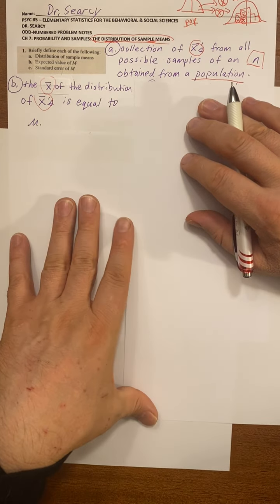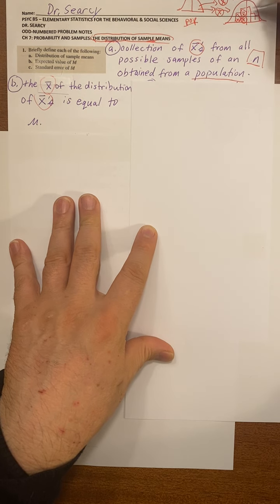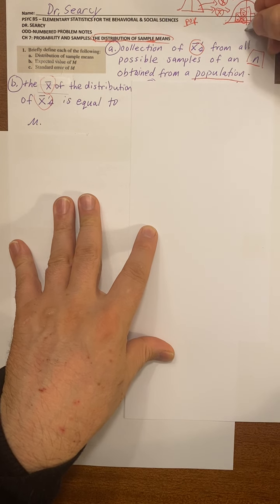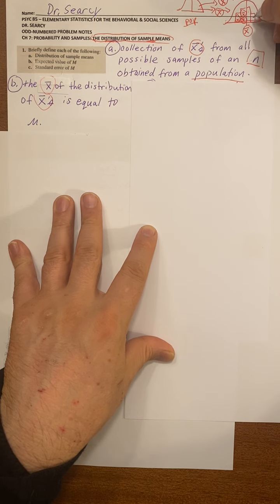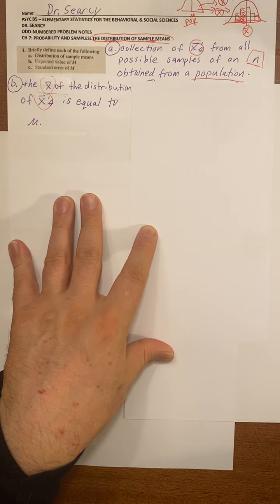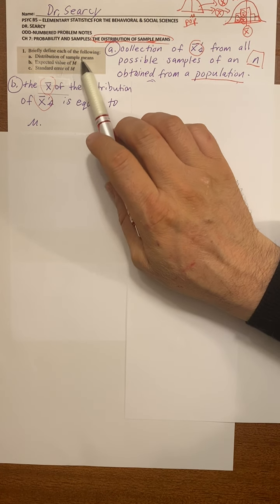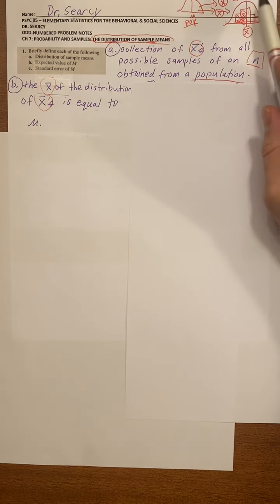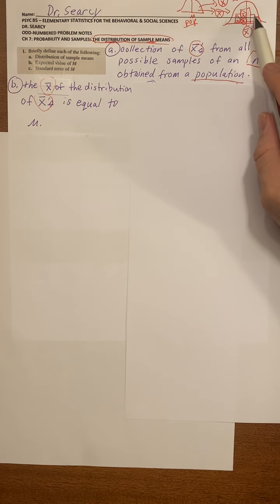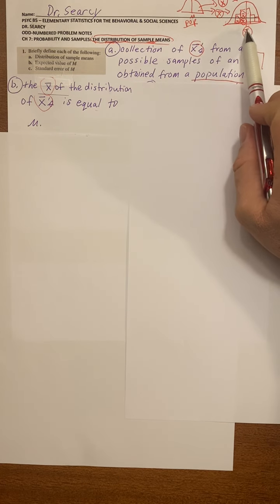What that's saying is that when we pull out those samples and we put them into our distribution of sample means, the mean of all of those samples is going to be equal to the mean of the population. That's this idea of expected value of the sample mean.